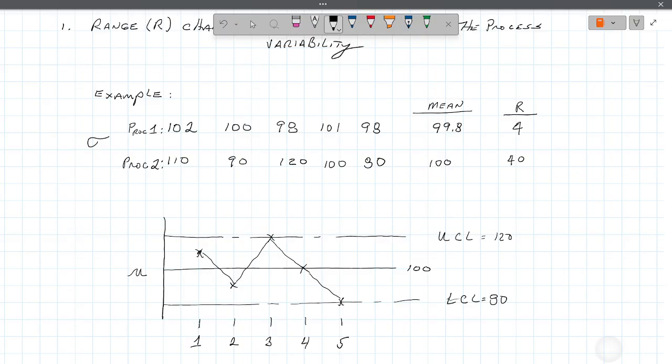So it doesn't really define anything for us.